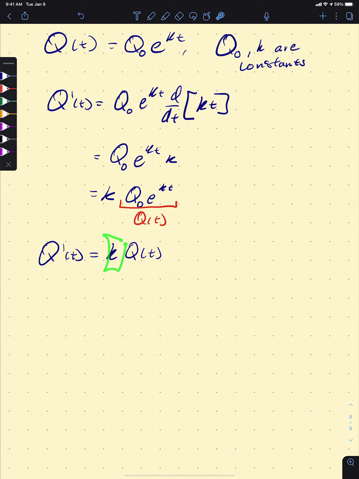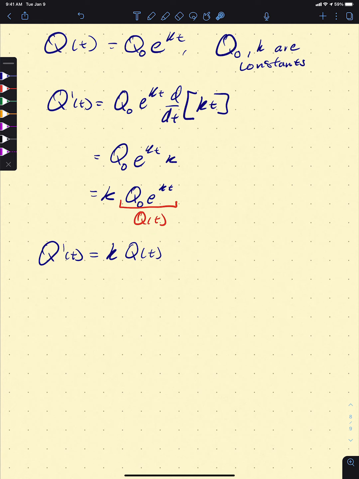That's what makes calculus so useful for these situations, because it shows us this. You're wondering how fast q of t is changing? We'll multiply it by this constant factor k, and it just spits it out to you right away.